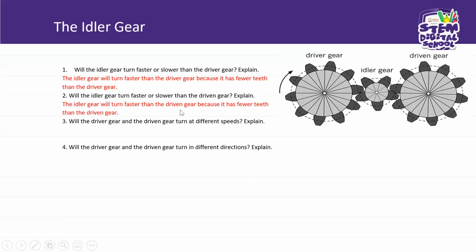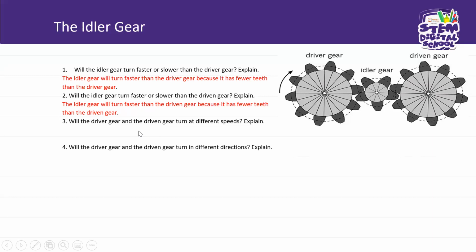The idler gear will turn faster than the driven gear because it has fewer teeth than the driven gear. So the situation here is a smaller idler gear between 2 big gears. And because it has fewer teeth, and it is smaller, it has a speed advantage as against these 2 bigger gears.